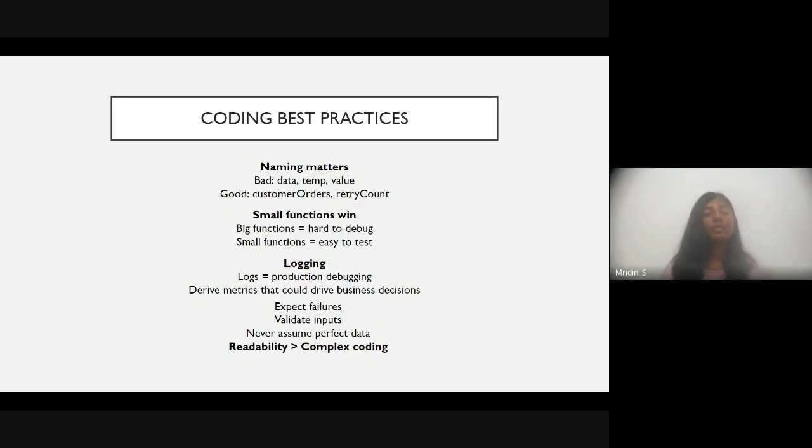Whenever a production bug appears, you cannot attach a debugger. You cannot step through code, you cannot guess. But what you can do is read logs. Without logs, it will be blind debugging. Hours will be wasted, and you have to guess that it's happening because of this. So it is very important that you add logs every time.